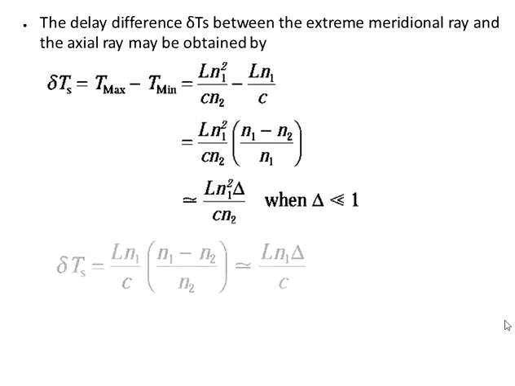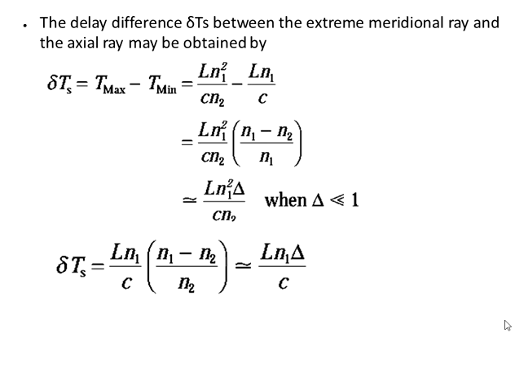Again, if we consider n1 is equal to n2, then we can modify the equation by cancelling the n1 terms, and this n1 minus n2 upon n2 can also be considered as delta. So we'll get another equation, L n1 delta divided by c.